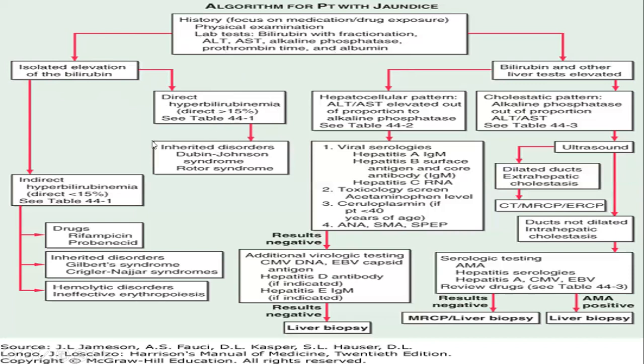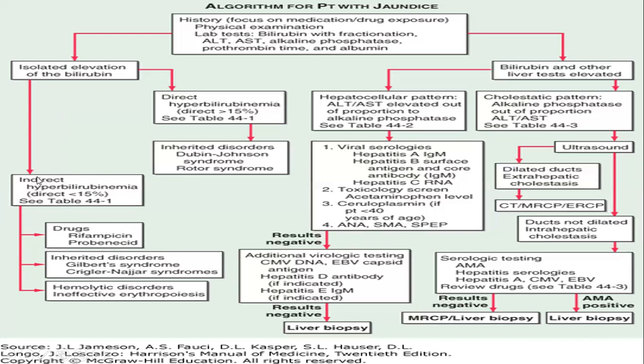These are the diseases associated. We have inherited disorders such as Dubin-Johnson syndrome and Rotor syndrome. And when only indirect bilirubin is elevated, we usually see this in the following conditions: drug intake, no, of rifampicin, usually in the treatment of tuberculosis, and also overdosage of probenecid.